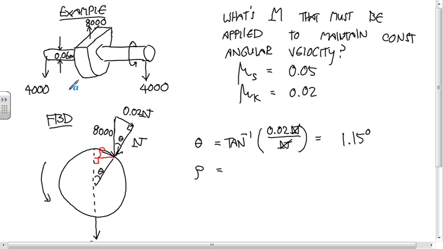So rho is equal to r times the sine of 1.15 degrees. So that's half of the diameter, so 0.03 times the sine of 1.15 degrees. And can someone calculate that? 6 to 9.